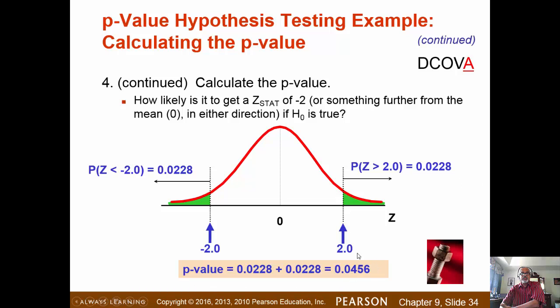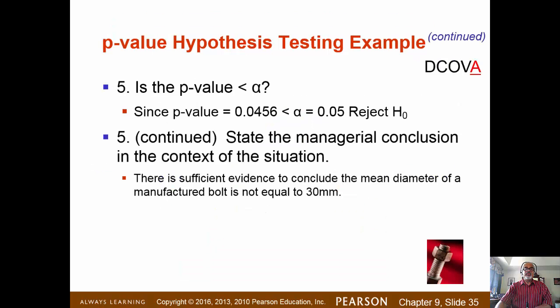So add the two and you get 0.0456, and that's the actual probability of committing type 1 error. And since this probability is less than 5%, 0.05, then this is a small enough probability for us to take a stand and reject the null hypothesis that mean mu is 30. And then we can interpret this as: the probability of having made a mistake by rejecting the null hypothesis when it is actually true is 0.0456.